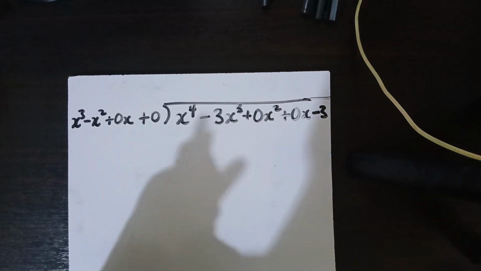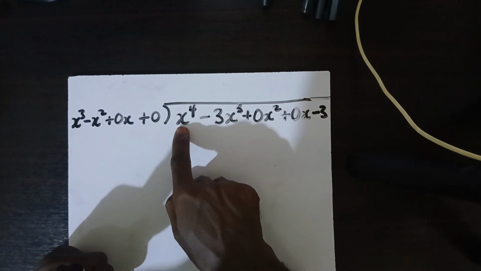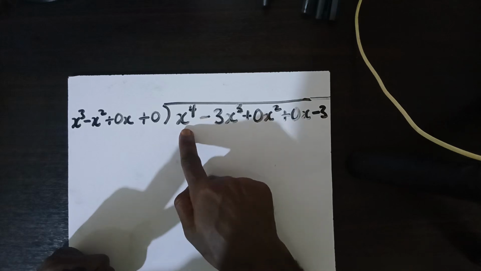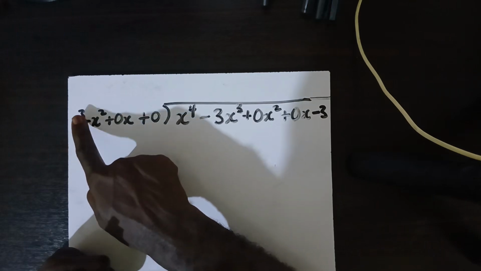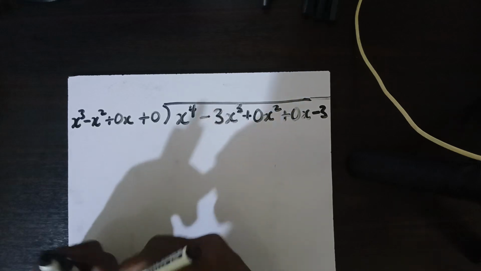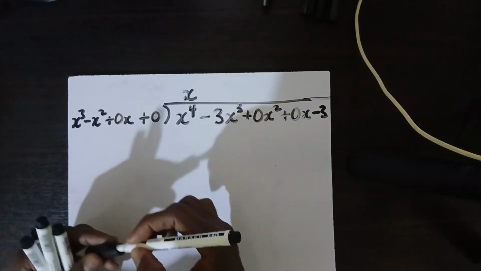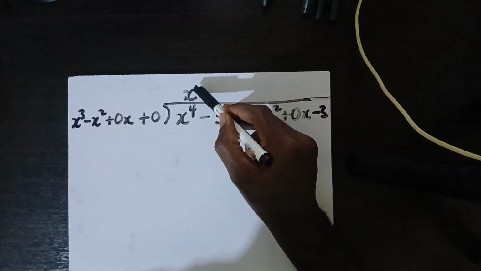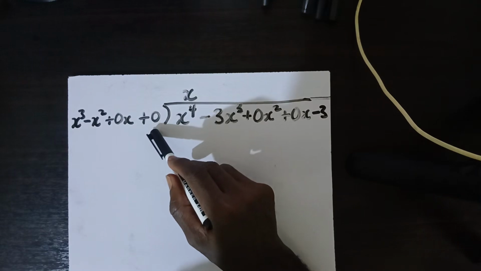So as we always do, we take the first term here to divide the first term inside of the radical symbol. So x cubed will go into x to the power 4 how many times? You can see that this is x to the power 3, this is x to the power 4. So it means 3 x's will cancel 3 x's here, leaving just 1 x. So x cubed will go into x to the power 4 x times. Then we use the quotient that we got at the top to multiply the entire denominator.